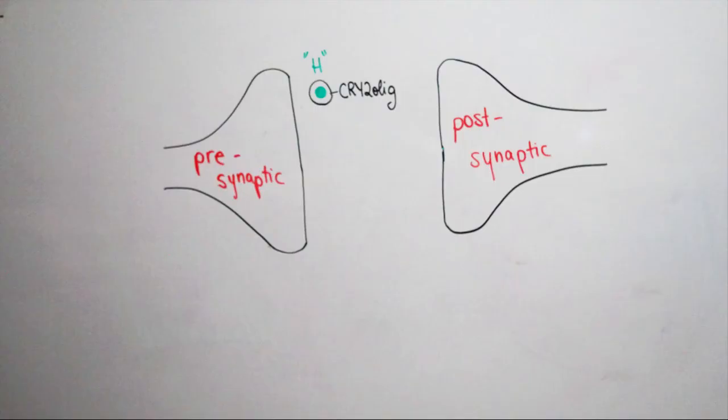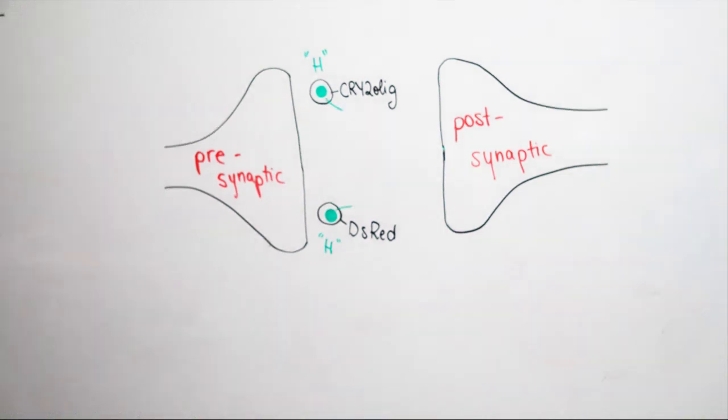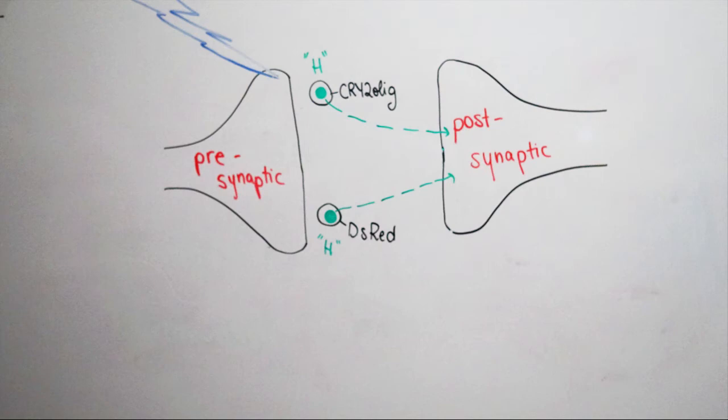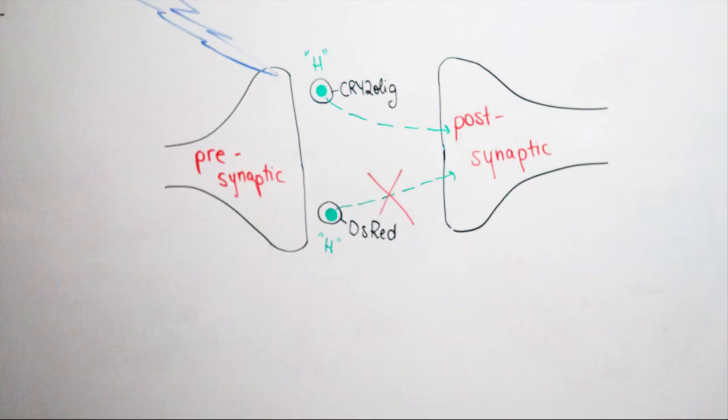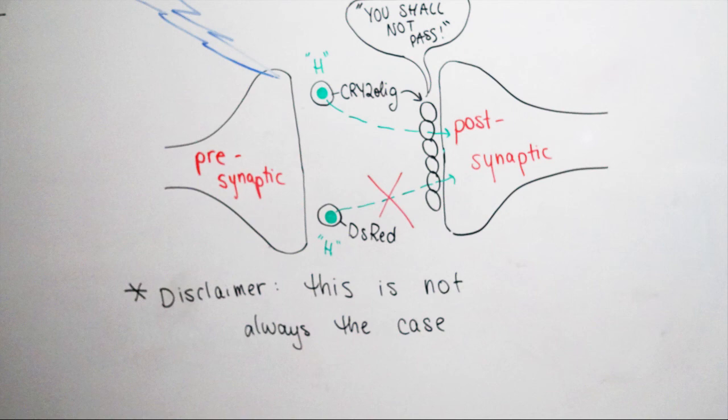Then, she saw that if both Cry2-olig and another protein, DS-red, were linked to H, normal exchange occurred when blue light was not shown. Then, when blue light was shown, the exchange of DS-red H was affected, indicating that Cry2-olig clustered with itself in response to light and blocked the movement of DS-red. However, this is not always the case because this blockage did not occur in experiments with other proteins.